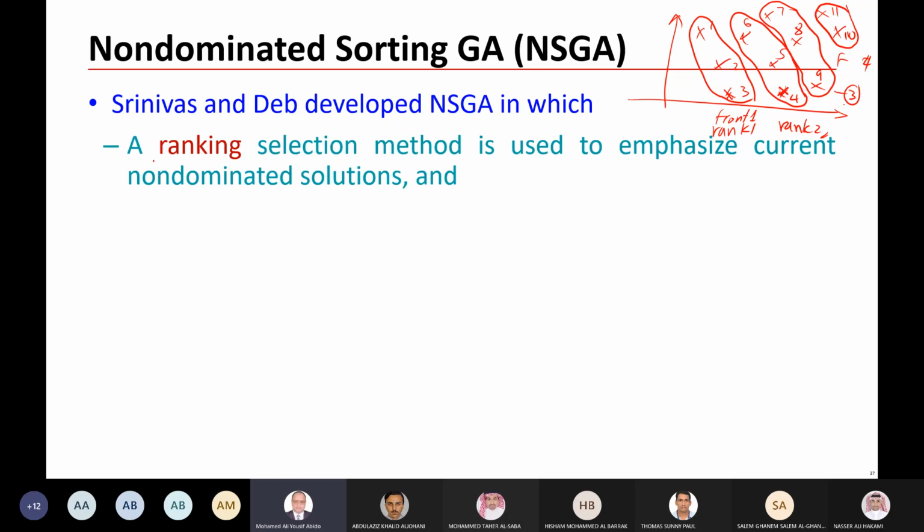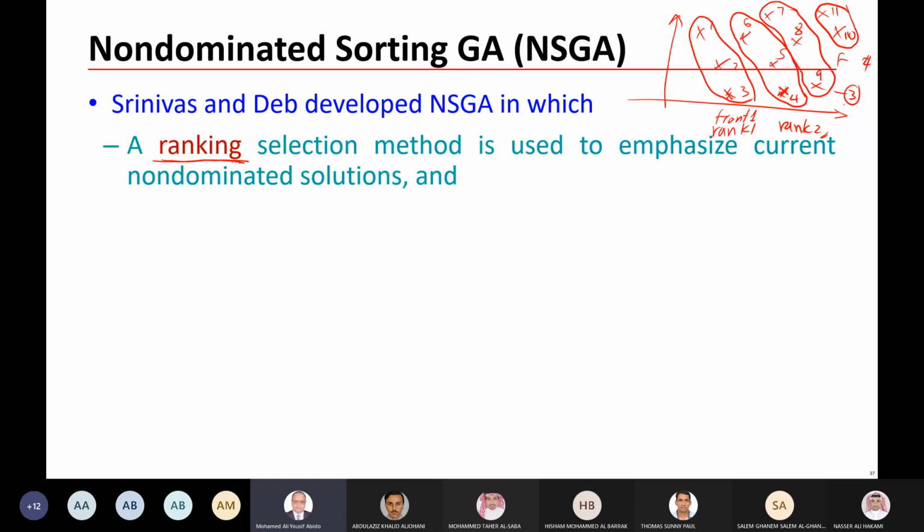So this is the ranking process. This ranking process reflects the dominance. So the solutions in front 1 are better than front 2, which is better than front 3, and so on.